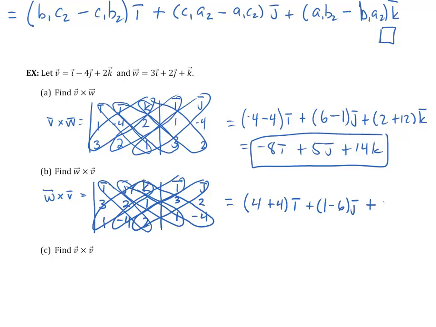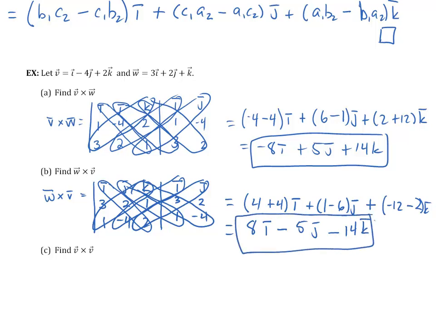The forward diagonal is negative 12 minus the back diagonal, which is 2. Okay, so you end up with 8i minus 5j minus 14k. Notice it's not the same vector. It is the negative of the vector.